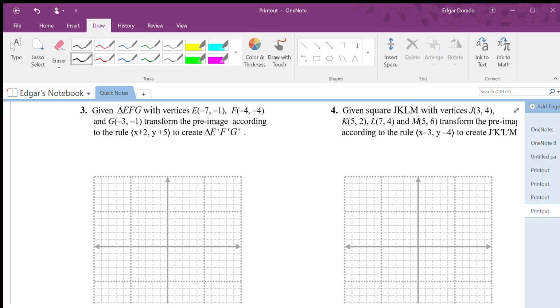So E was -7, -1, E, and then -4, -4 is F, and then -3, -1. Right around there. So that is my triangle EFG. Let's go ahead and graph it.